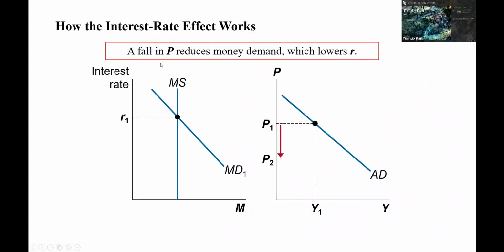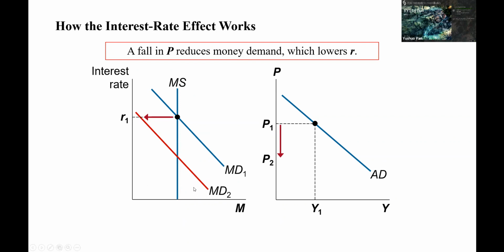So, for example, a fall in the price level P reduces the money demand, which will lower R. Since P decreases, we do not need as much money as before, which means the money demand will decrease.